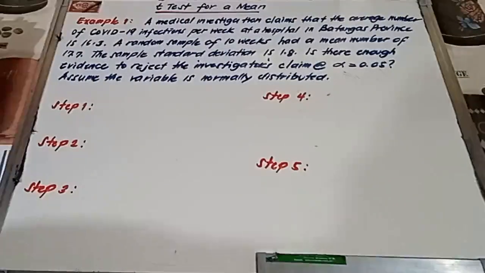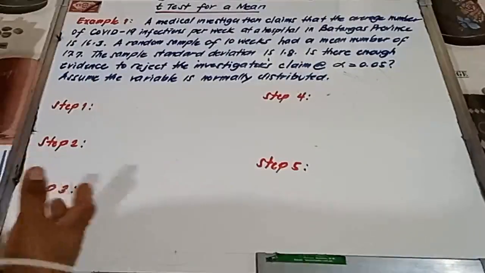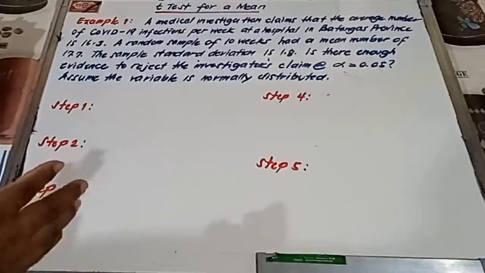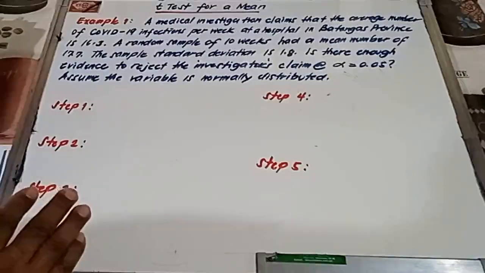So ano ba ang ating claim? Ang claim, sabi dito, isang medical investigation ang nag-claim na yung average number of COVID-19 infections per week sa hospital in the Batangas province is 16.3. Yun yung claim. Okay?